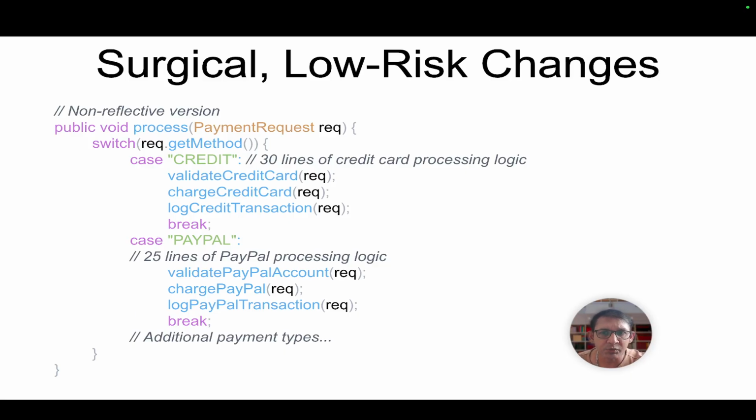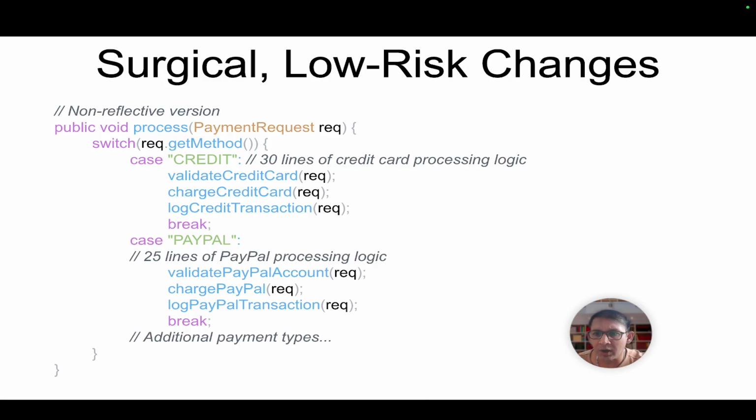Let me illustrate this with a payment processing example. Consider a traditional payment processing method that uses a switch statement to handle different payment types. Now, imagine your product manager comes to you and says, we need to add cryptocurrency payment support.